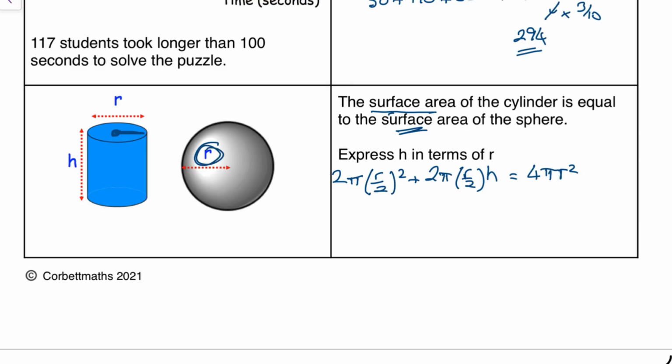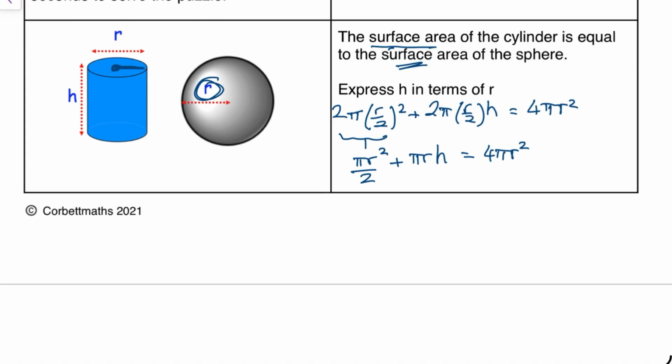Okay, let's do this carefully. So R over 2 squared is R squared over 4, times 2 is going to give me pi R squared over 2, plus 2 over 2 cancels, which is pi R H, is equal to 4 pi R squared. What a question.